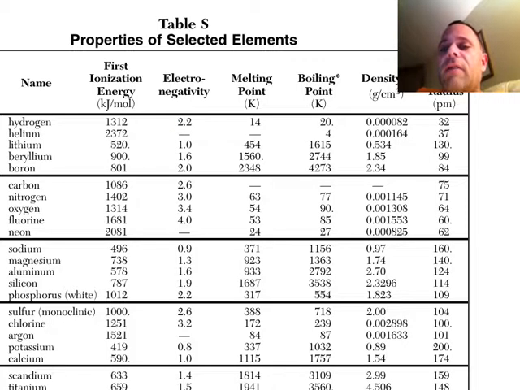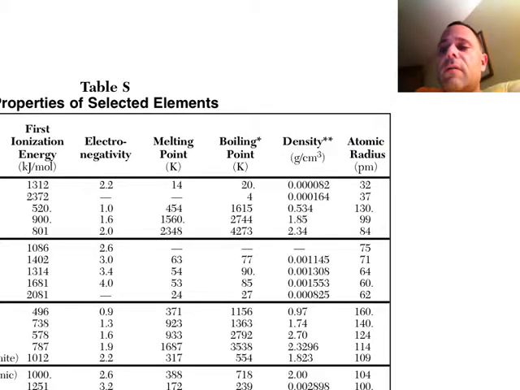We even have melting point, boiling point, density, and atomic radius. So we are going to use these values with the periodic table, place the values into the periodic table so you could build the trends yourself. So there is no need for memorization.